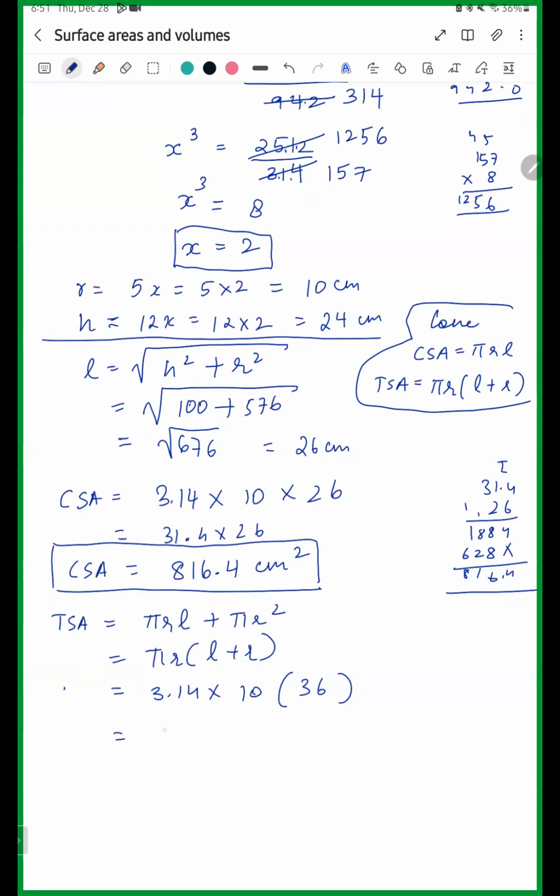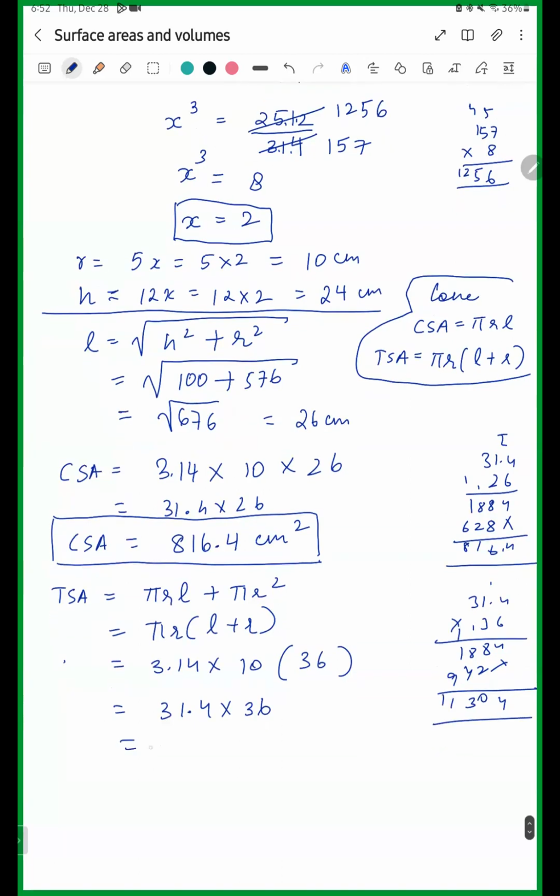So this is 1130.4 centimeter square. If anyone is getting a different answer, please let me know.